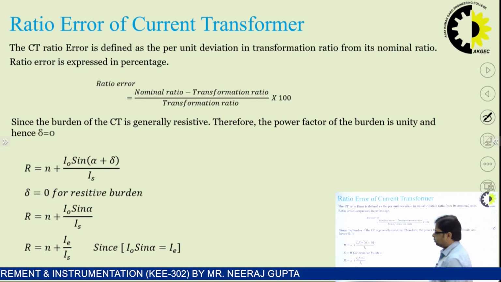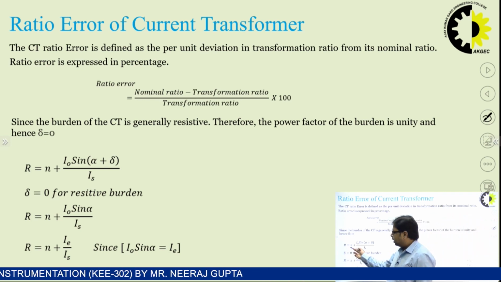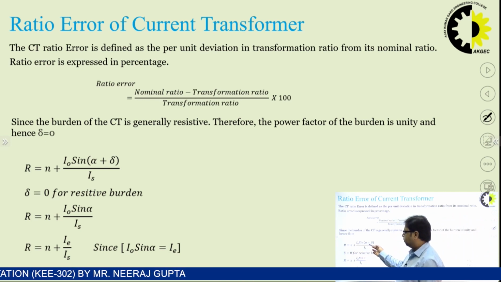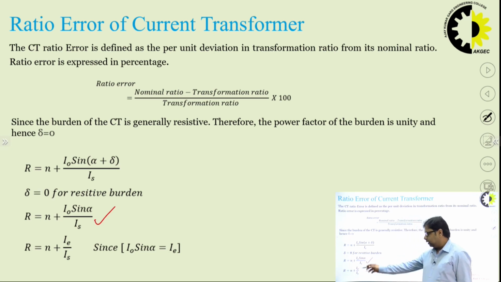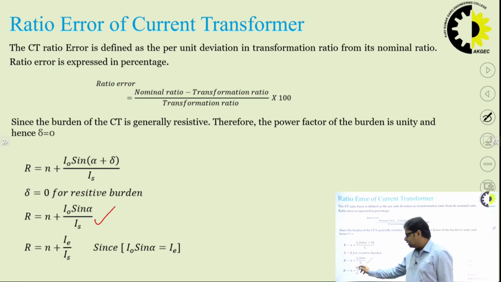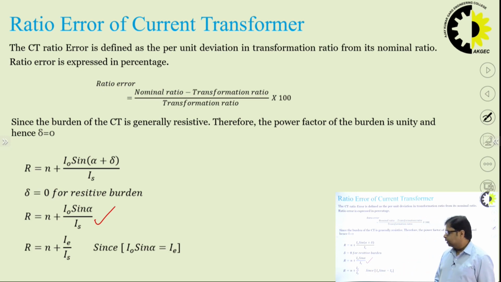So, if we put the expression here, R equals n plus I naught sine alpha plus delta upon Is, where delta becomes 0 for resistive burden. So it becomes n plus I naught sine alpha upon Is, and here I naught sine alpha is IE. So, R becomes n plus IE by Is. This is the ratio error that we can calculate from this formula.